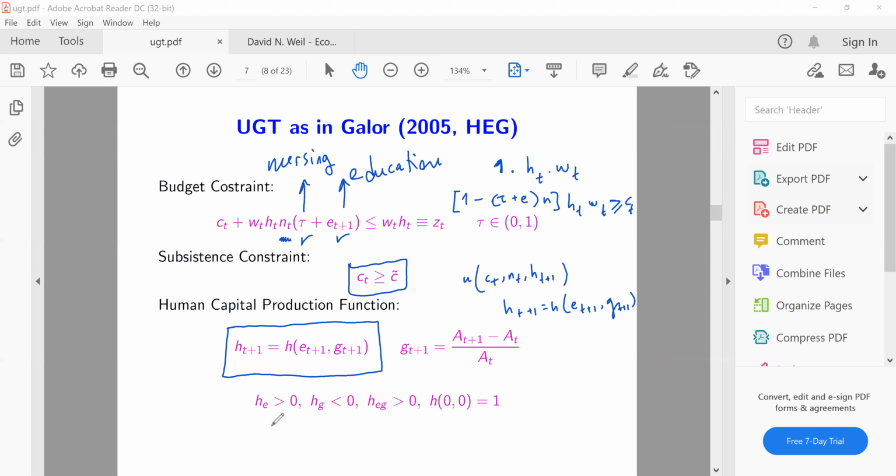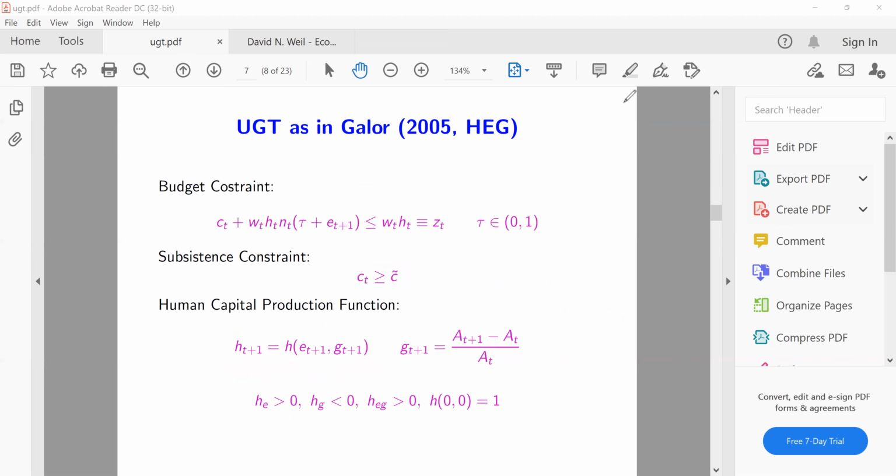Of course, higher education time means higher human capital, that's obvious. But why does the growth rate of productivity decrease human capital? Why do you think? Why is human capital a decreasing function of the productivity growth rate?